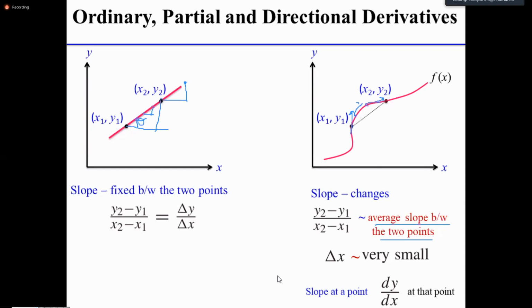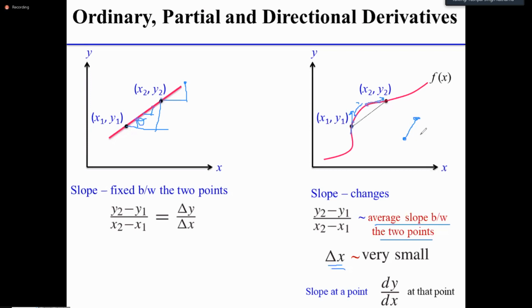You know it already. So how do we calculate it? What we do is to consider delta x to be very small. What does that mean? That we consider 2 points which are very nearby, x1 y1 here, then x2 y2 probably here. And in that case, if I try to zoom this area, so if you have x1 y1 here, and suppose the nearby point x2 y2, so you can see that this function is nearly a straight line in that case.